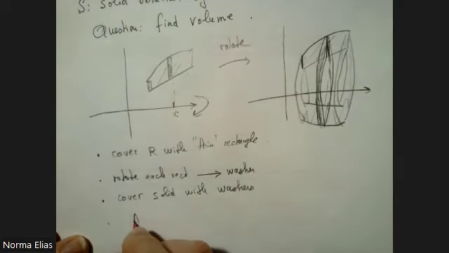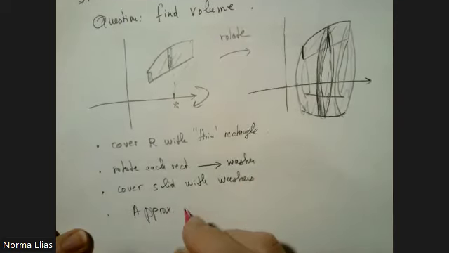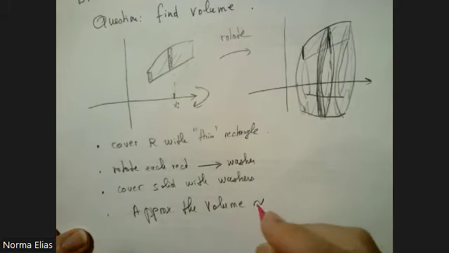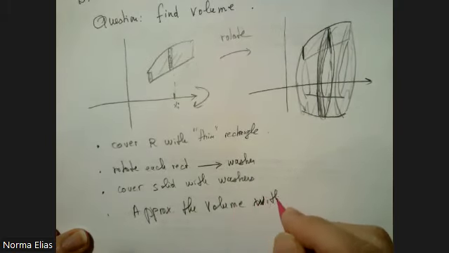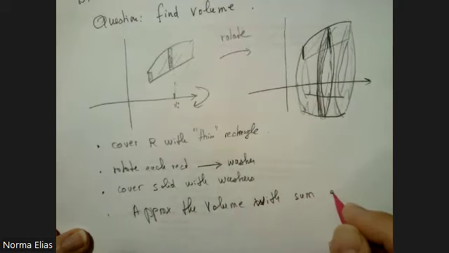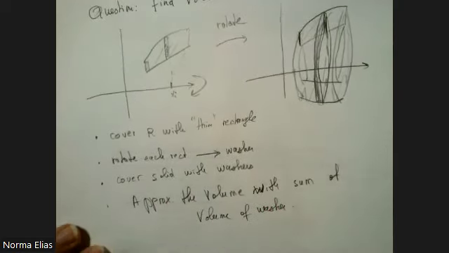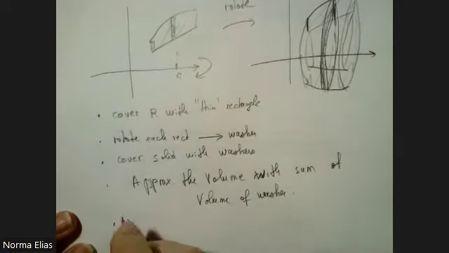And that's how we're going to approximate it. So approximate the volume with the sum of volumes of washers. And finally, set up the integral.